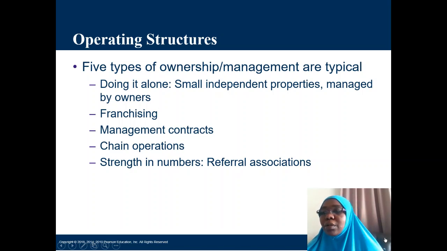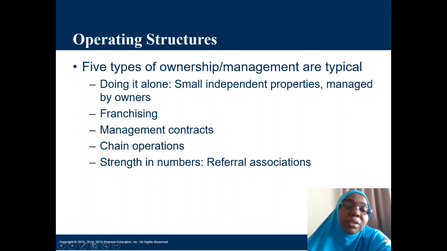All you're allowed to do under the management contract is to allow the hotel company, the managers or agents, to work on behalf of the owner of the property. So the property or the hotel will be under the management of another person, which is the agent. The agent will now be acting on behalf of the owner of the hotel or the facility. So that's what we call the management contract. Apart from that, we have the chain operators too.